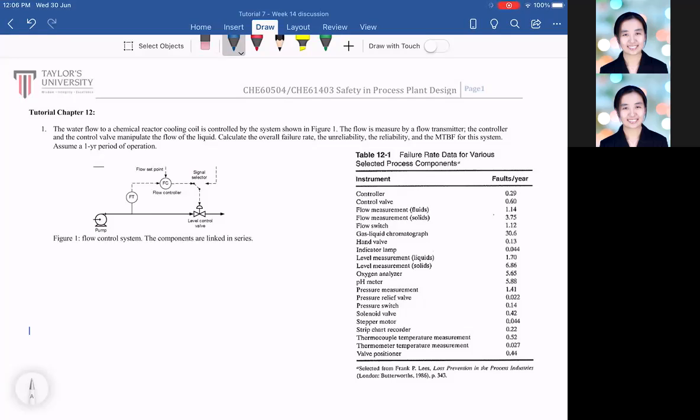So in that case, we will start with the reliability of each item, each data here.